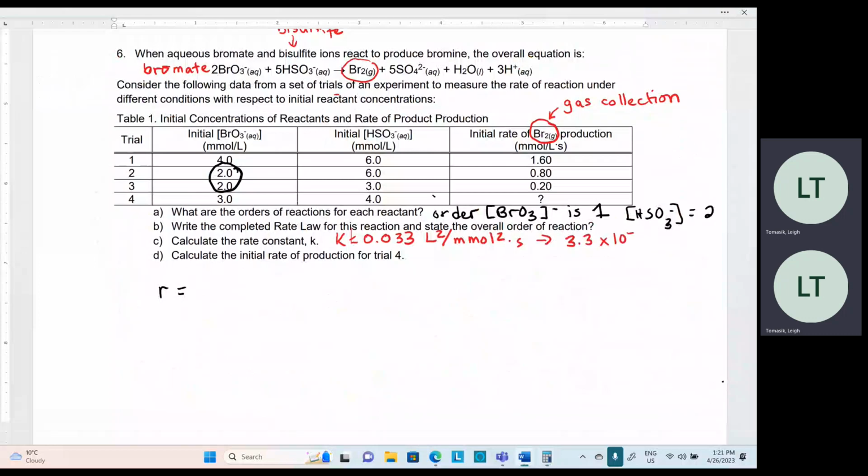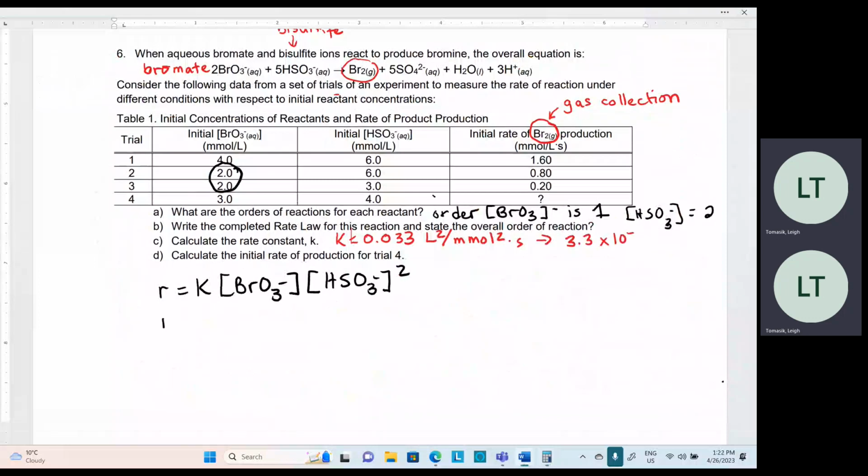Rate is equal to K times the concentration of bromate to the power of 1 times the concentration of bisulfite to the exponent 2.